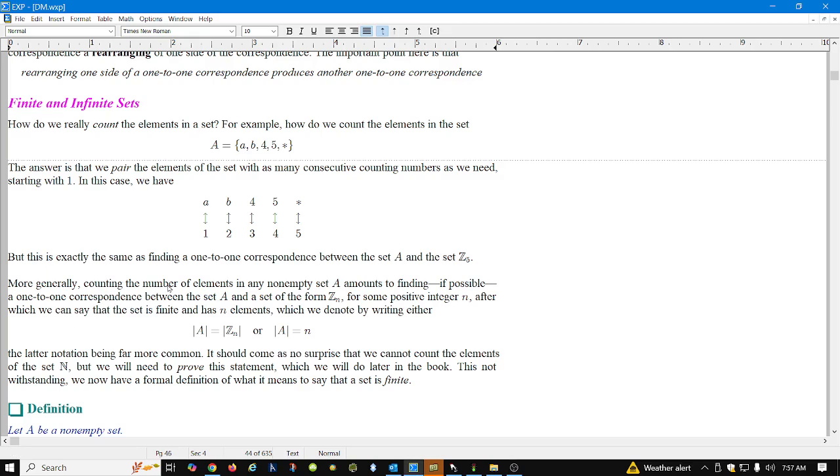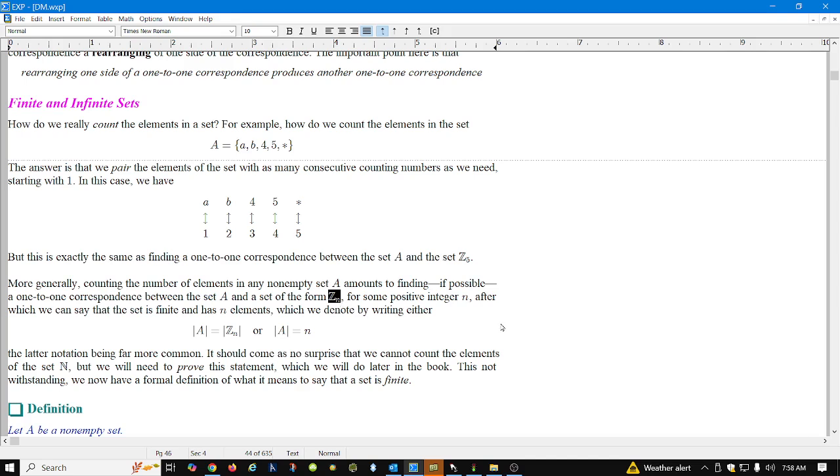And more generally, counting the number of elements in any non-empty set would amount to finding, if it's possible, a one-to-one correspondence between the set A and a set of the form Z sub n for some positive integer n.